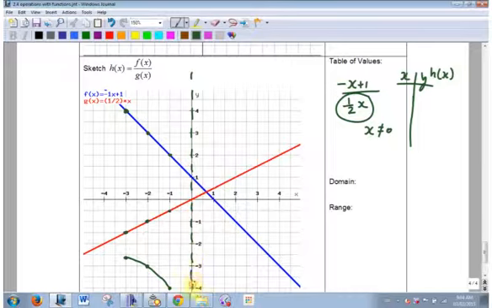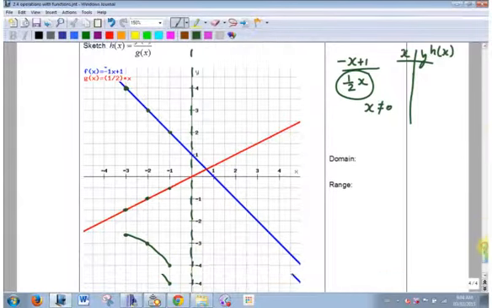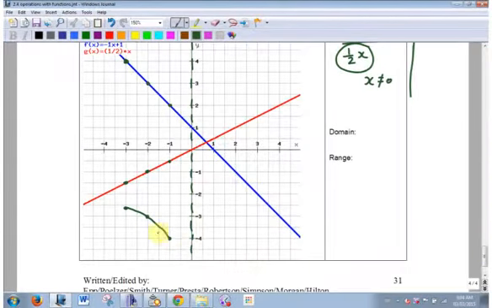Asymptote. The y-axis is an asymptote. Do you have any idea what this thing's going to look like as it gets close to the asymptote? Have you seen this before? It just gets closer and closer to it, but never, ever, ever touches it. Right?